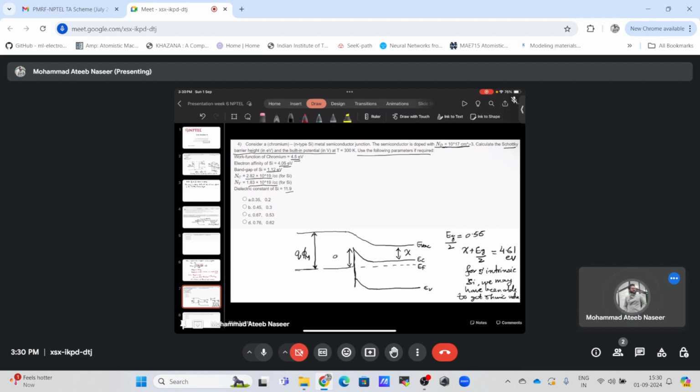Q phi Bn. This will be the difference between the Fermi level and the conduction band edge, and this will be my Q phi Bi, which is the built-in potential. So this is our metal side, this is our n-type semiconductor.